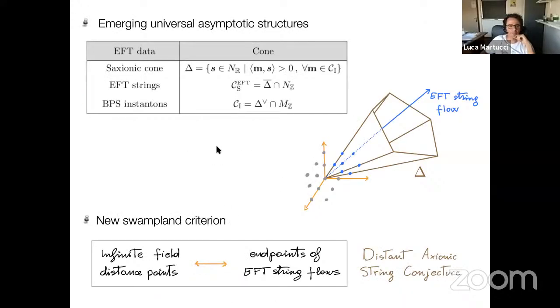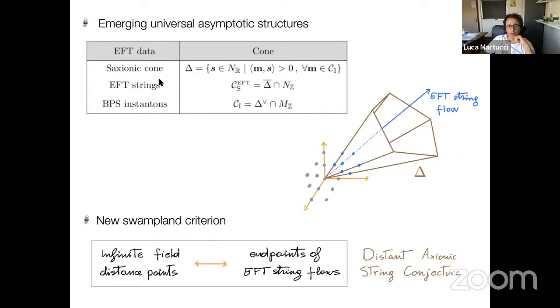So this example already contains some key ingredients which we found to be quite universally present when we try to study these asymptotic regimes, namely the fact that such asymptotic regimes can be identified with a given axionic cone whose deep inside corresponds to the perturbative region, the truly perturbative region.